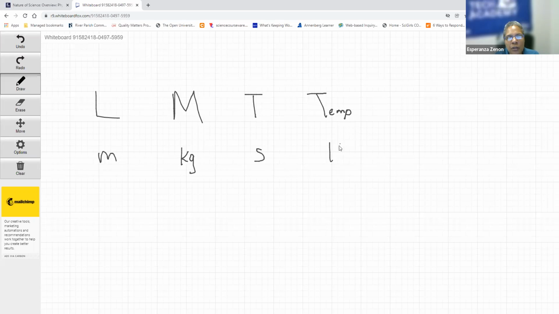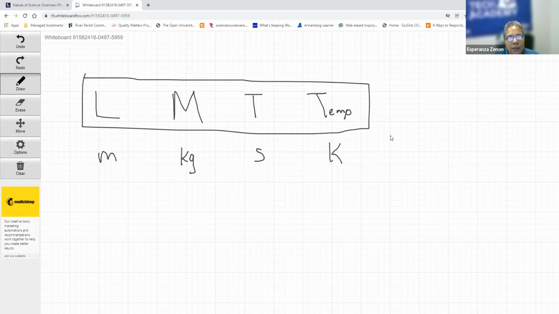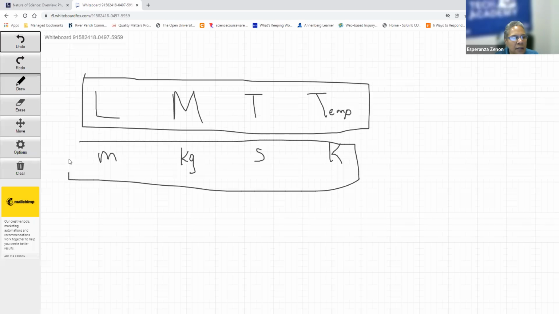For temperature, we use Kelvin. Meter, kilogram, second, Kelvin. Length, mass, time, and temperature. These are the base properties. And these are the base units.